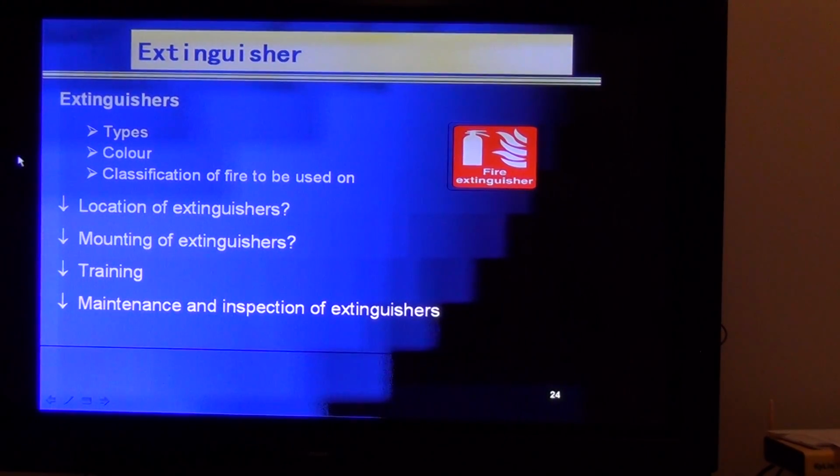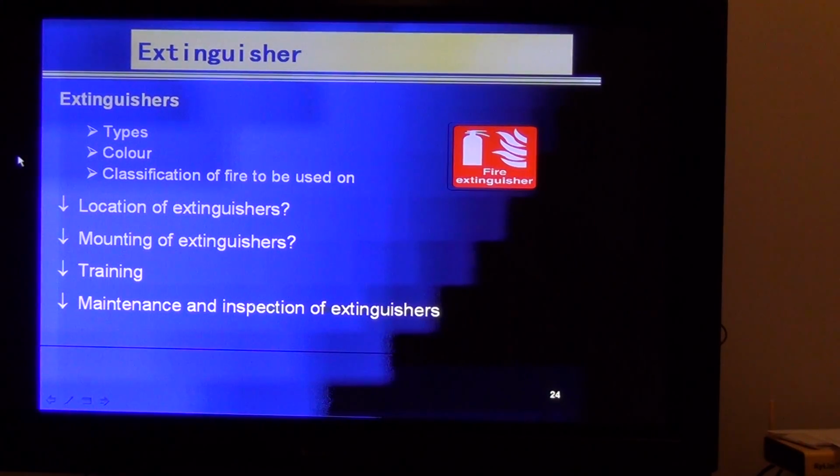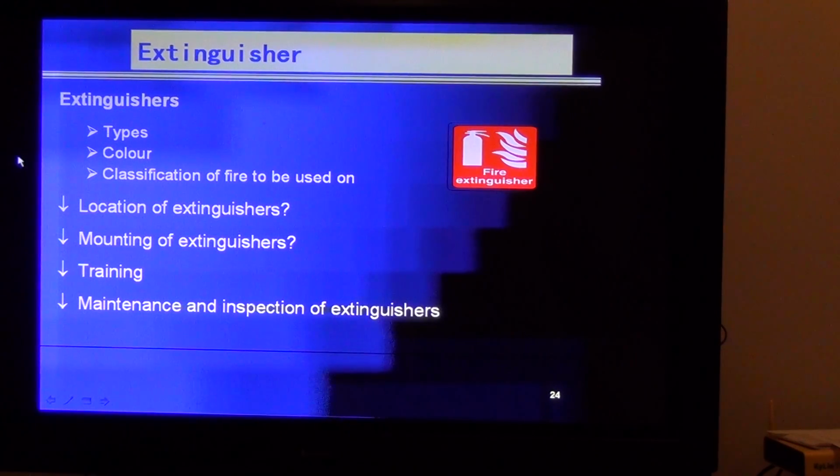Of course, the location of the extinguishers is very important, and based on the standard, it includes the distance from the people. Mounting of extinguishers: we need to check it monthly, manually, weekly, and in case it needs to be remounted.